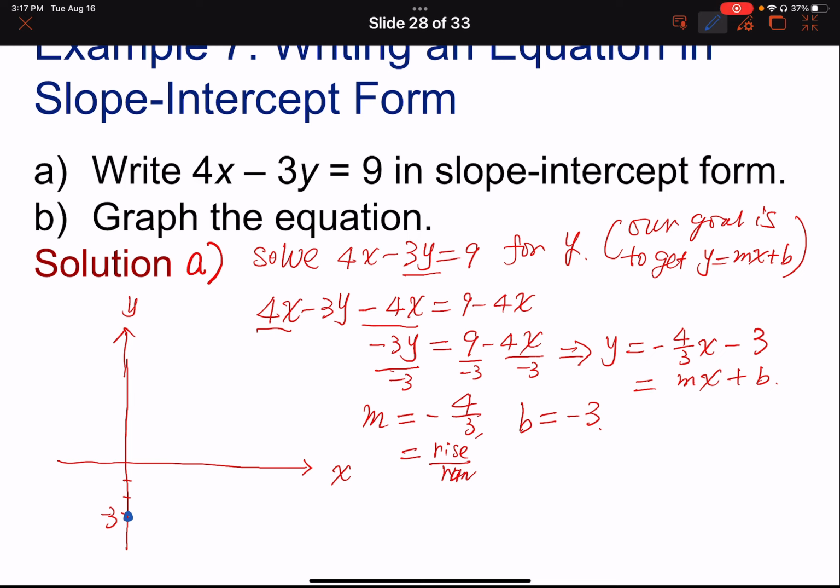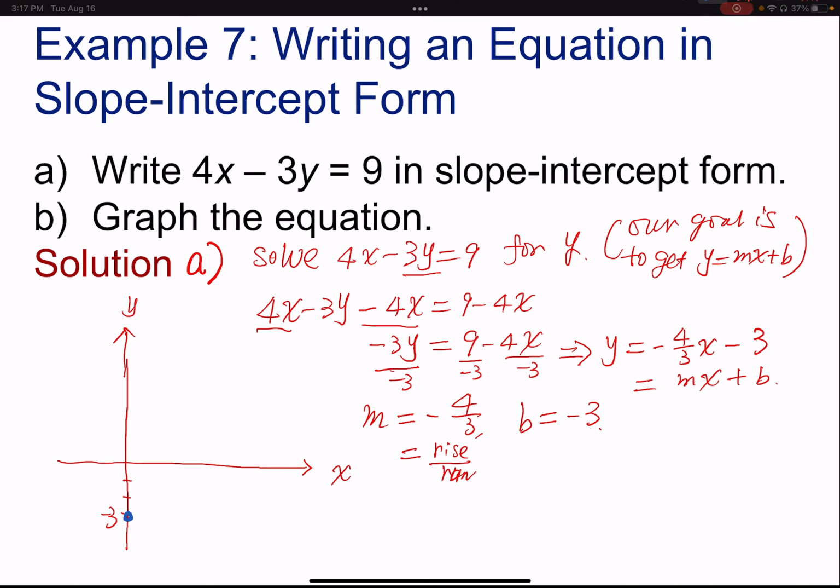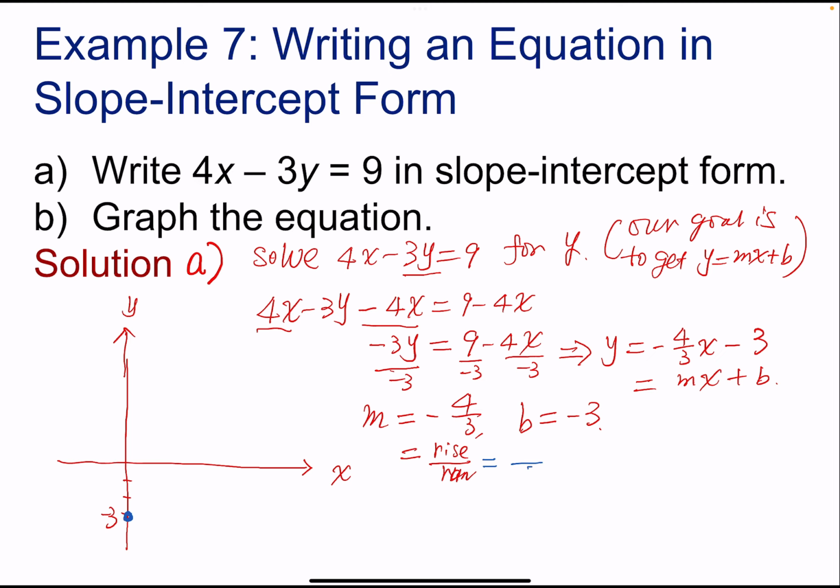Next, we're going to use the slope, negative 4 thirds, to determine another point. The slope of negative 4 thirds means that if I run positive 3, I'm going to rise negative 4, or if I run negative 3, I'm going to rise positive 4.